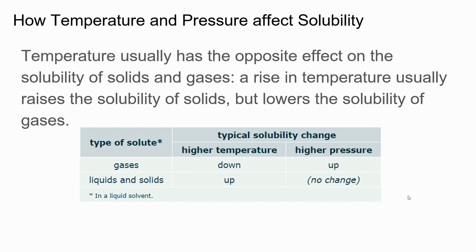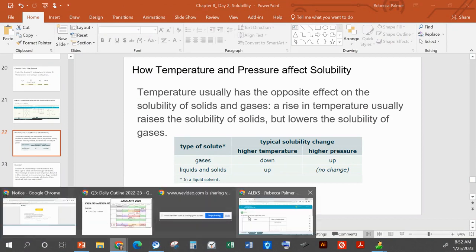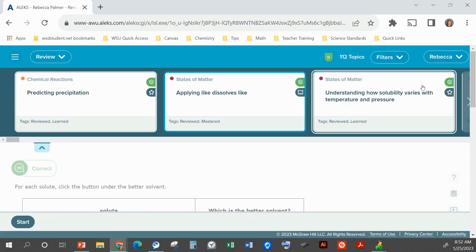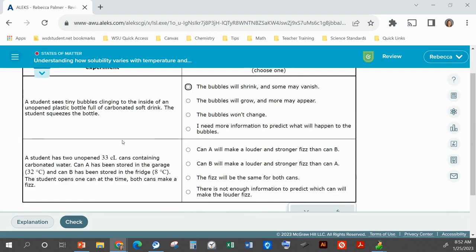Okay, I think, are we ready? All right, go back to ALEKS. This question is called Understanding How Solubility Varies with Temperature and Pressure, and it's just a reasoning question.